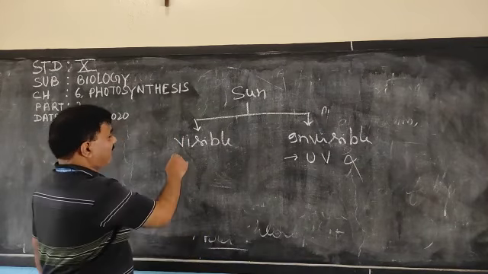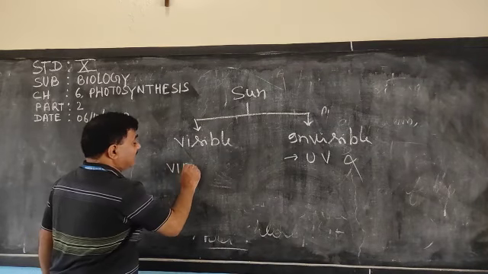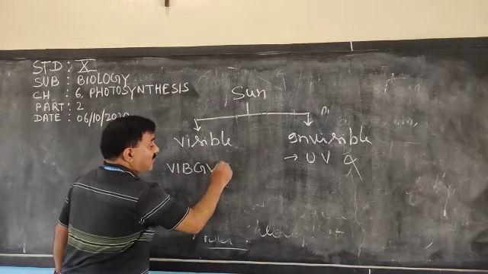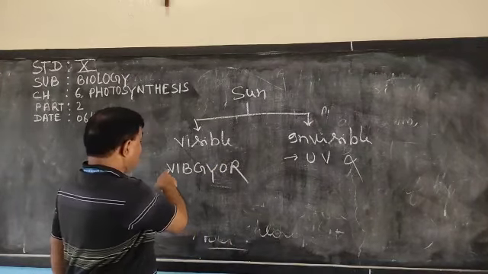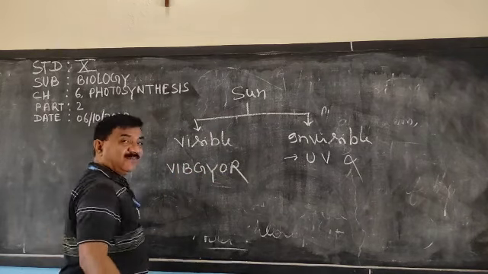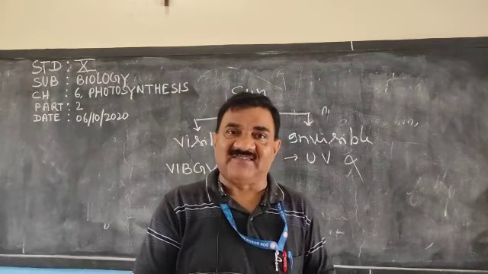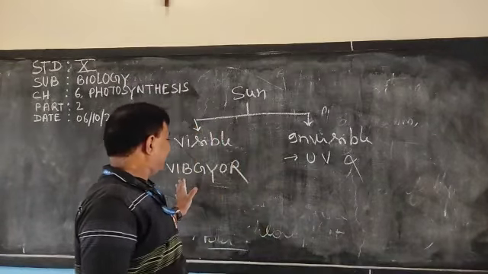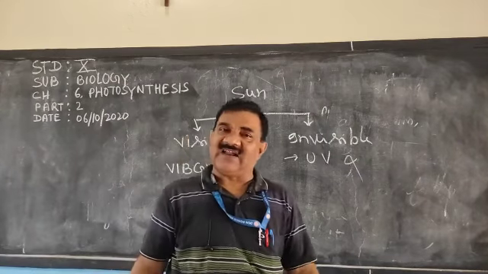The visible rays are made up of VIBGYOR, the white light: violet, indigo, blue, green, yellow, orange and red. It means rainbow colors. When white light is passed through a prism onto a spectrum, these 7 colors are seen.